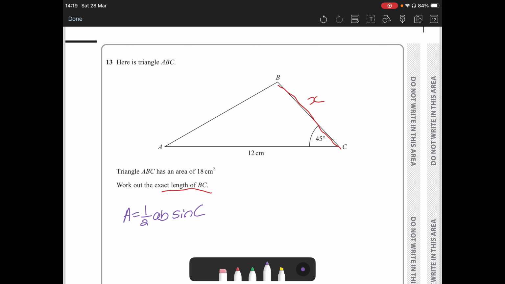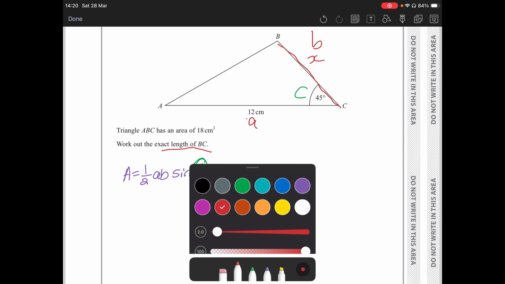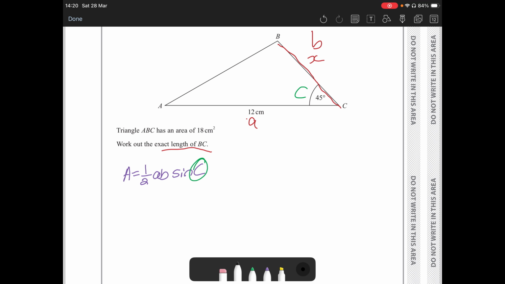For the purposes of this question, the easy one to start with is C. It's the angle here. a and b are the two lengths either side of that angle, so we'll call that a and that b. It doesn't really matter which way around we name them. By substitution, the area A equals 1/2 times a, which is 12, times b, which we don't know yet, X, that's the whole point of the question, multiplied by sine 45.